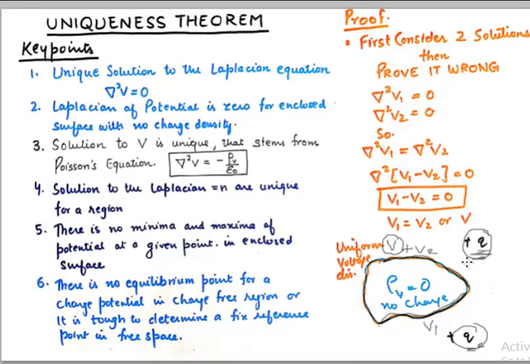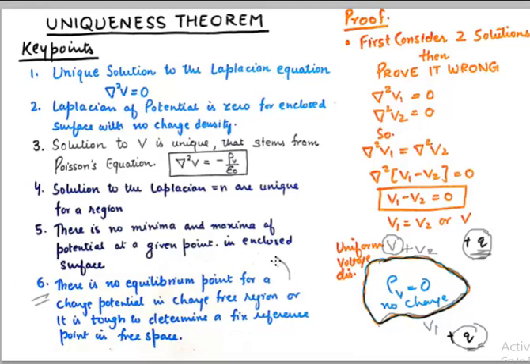So we cannot have two different voltages at the surface or at the boundary. We can have just one continuous voltage distributed at the surface or the boundary of the conducting material, which conforms to the uniqueness theorem.